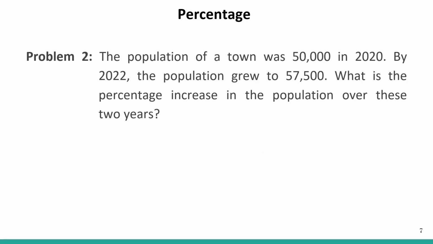Problem number 2 says that the population of a town was 50,000 in 2020. By 2022, the population grew to 57,500. What is the percentage increase in the population over these 2 years?